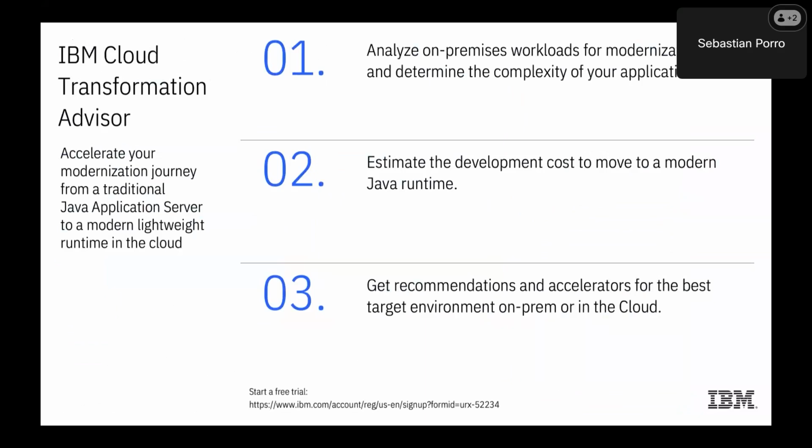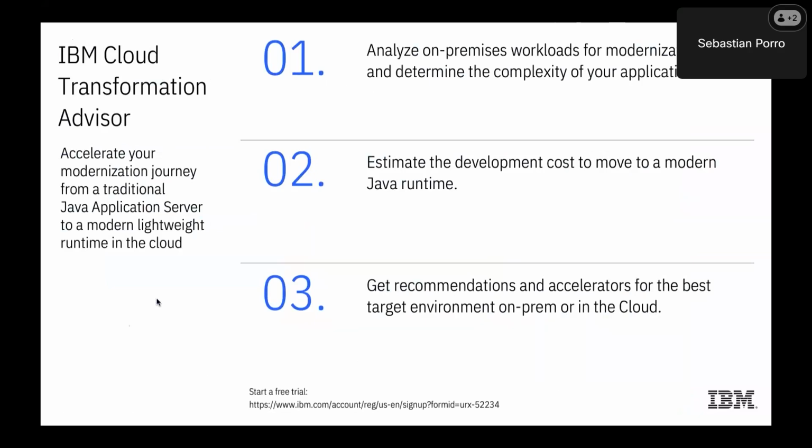So let me focus just a little bit more on Transformation Advisor, which will probably be something of interest for you. This is a very interesting tool, a very simple tool that helps you analyze all the applications you have in a set of application servers, might be IBM or JBoss or Oracle or Tomcat.